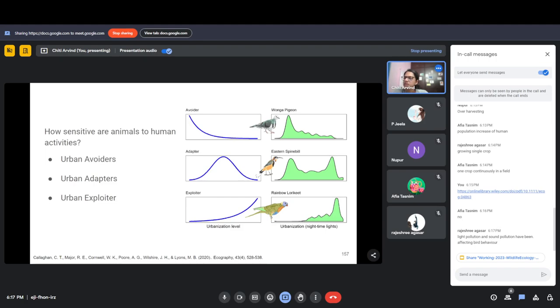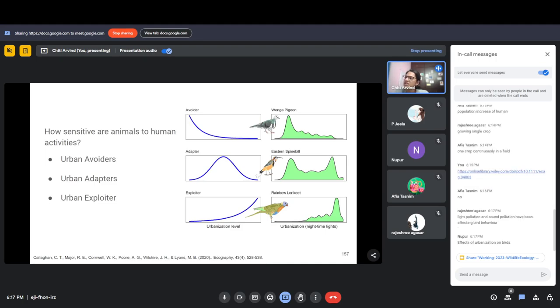So what do you think is shown here? It's okay, light pollution and sound pollution have been affecting bird behavior.